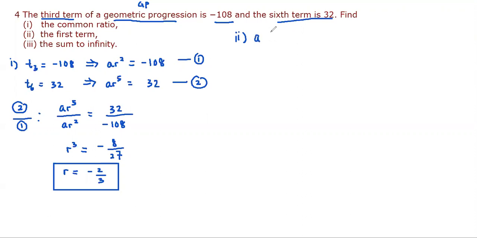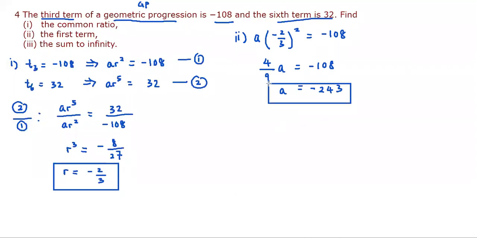You have ar squared. r is minus 2/3 here, squared, and this is negative 108. So you have 4 over 9 a equals negative 108, and a is now negative 243. That gives you the answer for part 2.